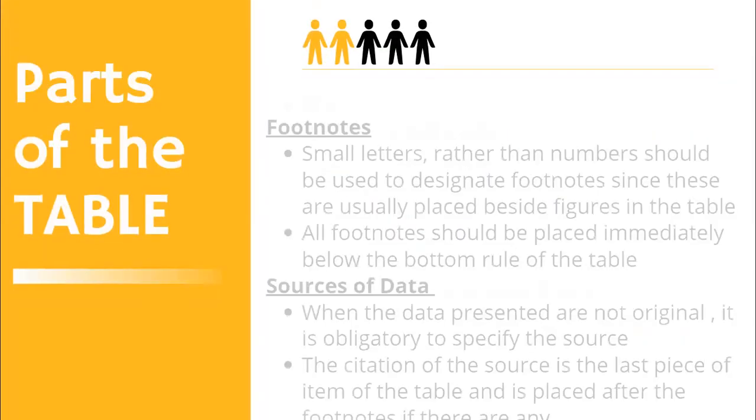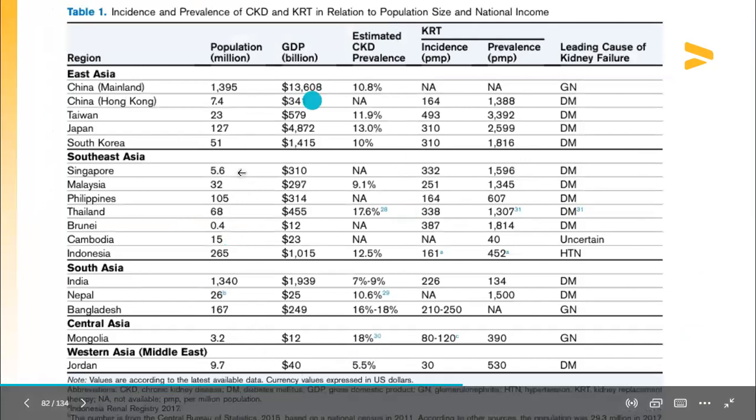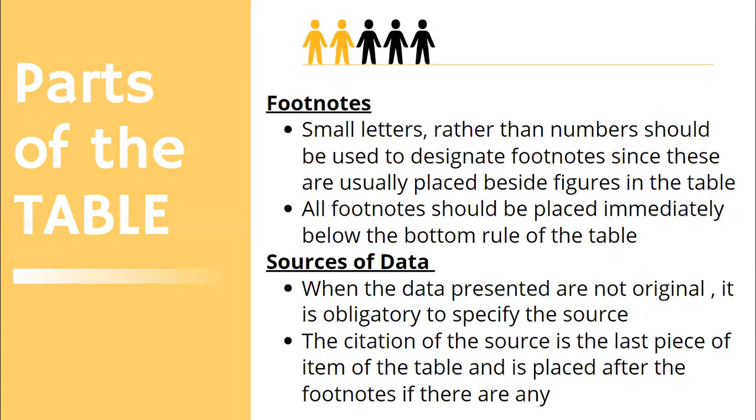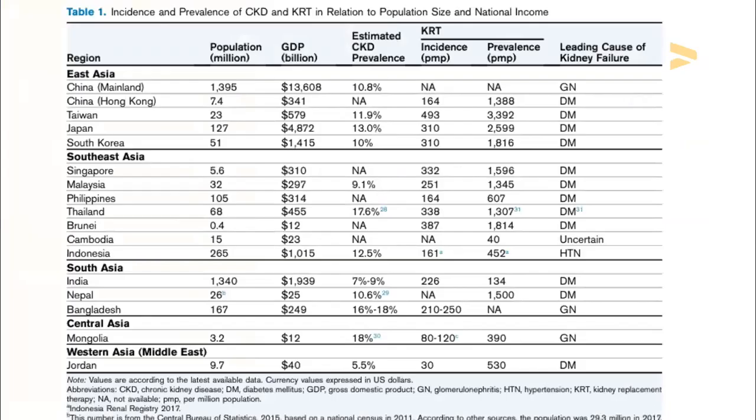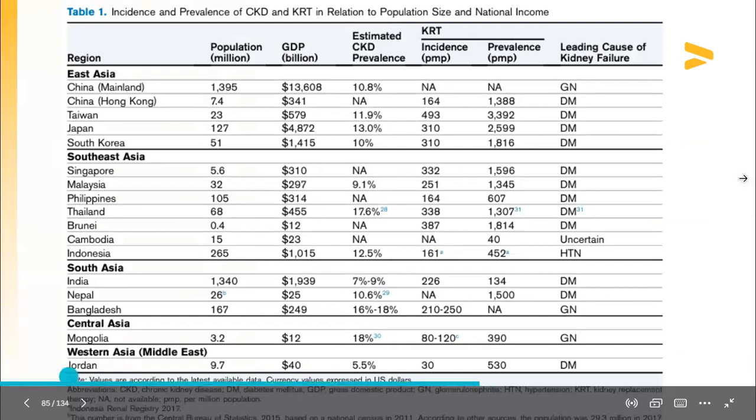Okay, so going back here, it should never be left blank, and if zero, you can write zero or hyphen. All right, so footnotes are usually found at the bottom, and the sources of data also follow the footnotes. Okay, so for example here, footnotes are shown below.